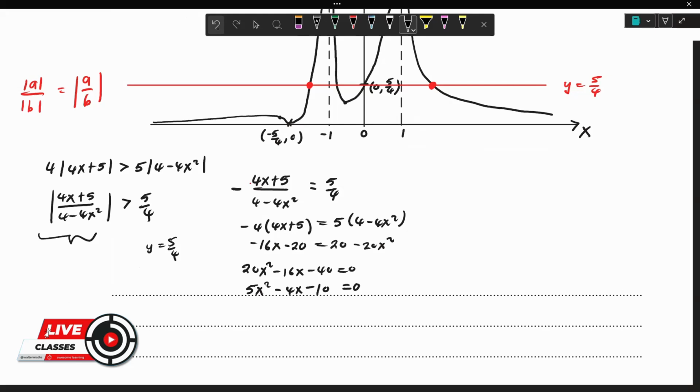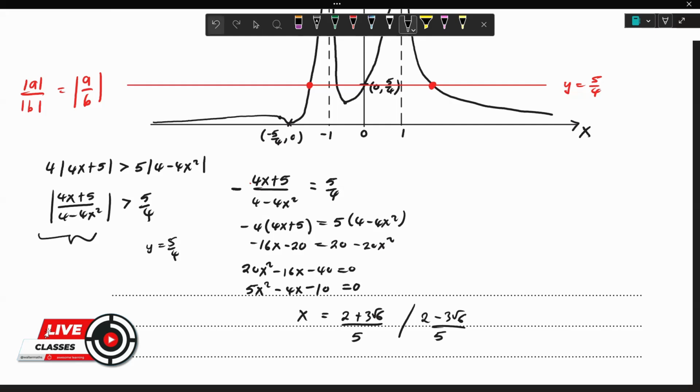So we solve this, okay? We can solve this quadratic. Let's just use the calculator for real quick. All right, so the values are x is equal to 2 plus 3 root 6 over 5, or 2 minus 3 root 6 over 5.